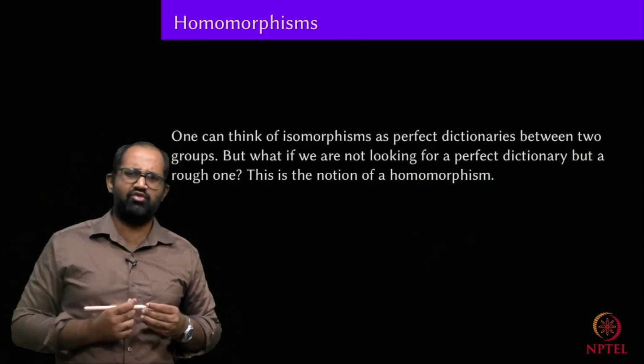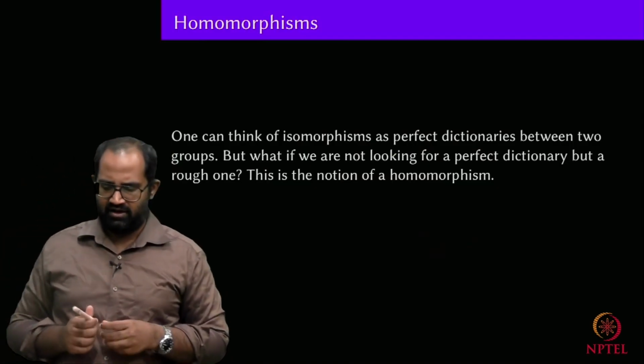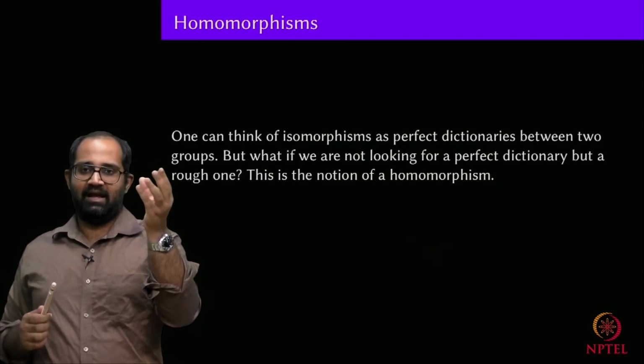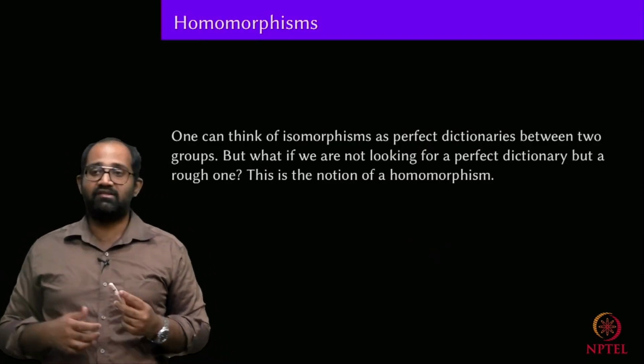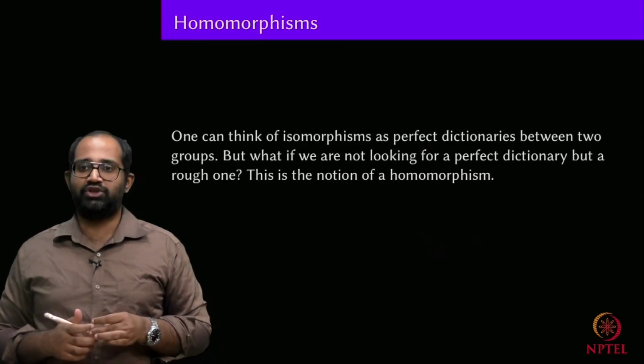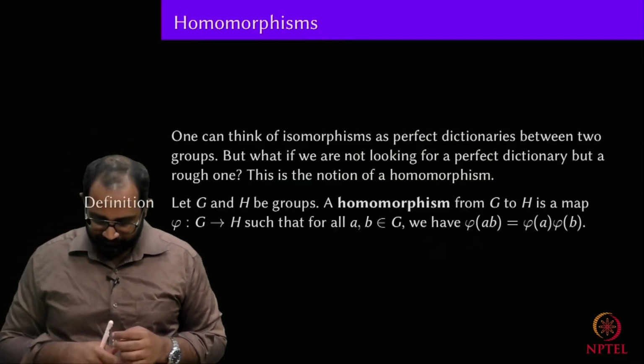But sometimes you might not get a perfect dictionary. That is, you might not be able to translate exactly, but you will still be able to respect the binary operation. This is the notion of a homomorphism.